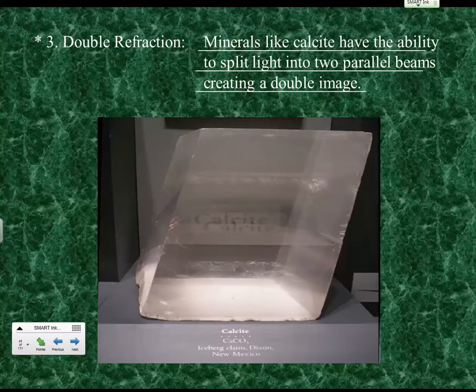This is an example of Icelandic spar calcite, which exhibits double refraction. It splits images into 2 parallel beams. So you can see in that photograph, it's just placed in front of the printed word calcite, and it splits it into another word, calcite. And we're going to try this in the classroom in a few moments. You'll actually be able to see whatever you put underneath it turn into 2 images.